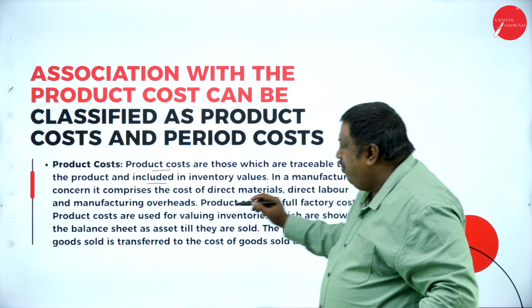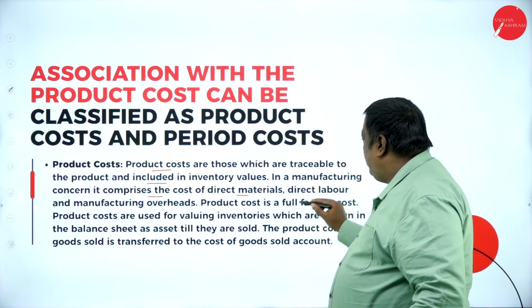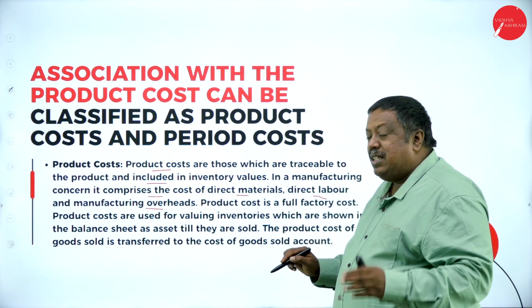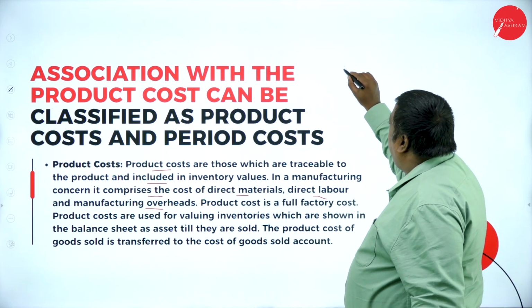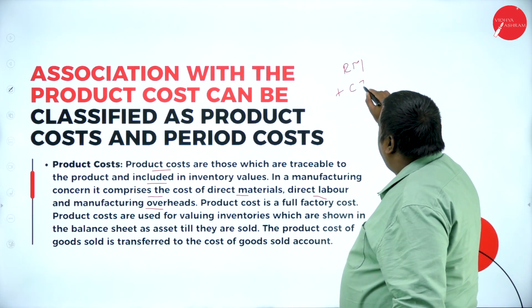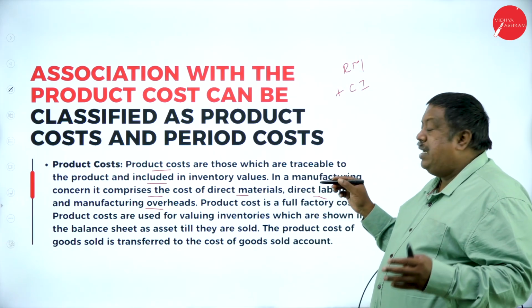In a manufacturing concern, it comprises the cost of direct materials, direct labor, and manufacturing overheads. Means when we purchase raw material, we're going to pay carriage inwards, right? So this is my identifiable cost for direct material.